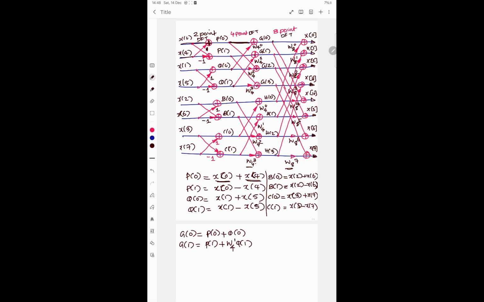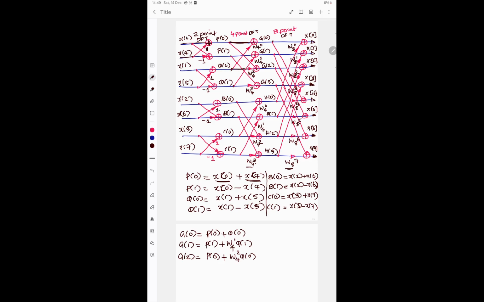To get G1, P1 is direct and Q1 is multiplied by the factor W4 to the power 1, which is a twiddle factor whose value we can find from the table. So G1 is equal to P1 plus W4 to the power 1 times Q1. And to find the value of G2, this node is G2.